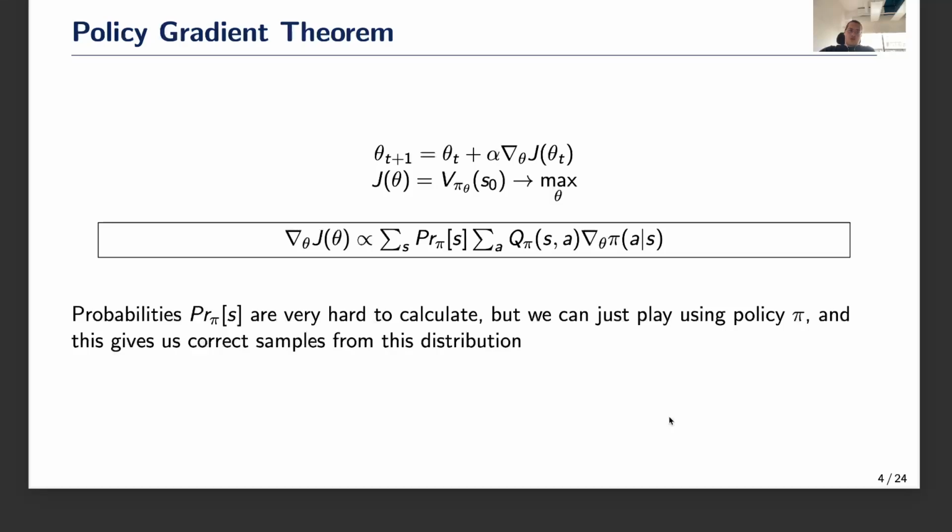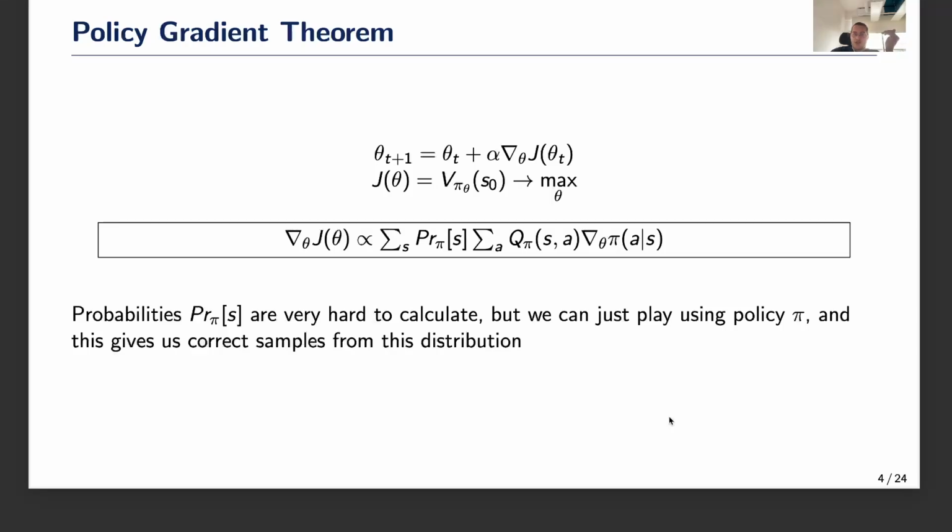Alright, now we have seen what a parameterized policy looks like. Let's dig deeper into how we actually train it mathematically. This is where the policy gradient theorem comes in. It gives us a way to compute gradients of the expected return with respect to policy parameters. Let's start with the optimization objective.